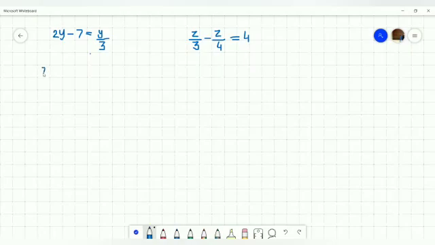So we'll write 3 in the bracket 2y minus 7 bracket complete is equal to y.